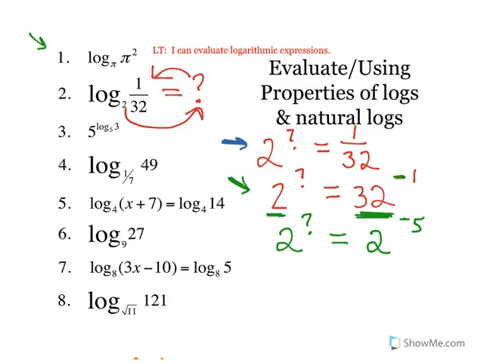But if I know my numbers, if I know my factors like I'm supposed to, I know that I can rewrite 32 using 2, and it's 2 to the fifth power. Keep your negative sign. Now, if the bases are the same, what do you know about the powers? They are the same. So my answer is negative 5.